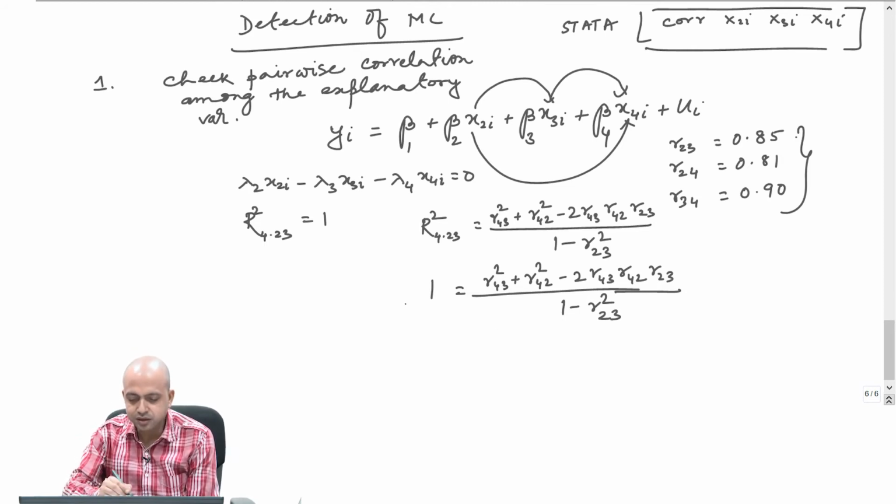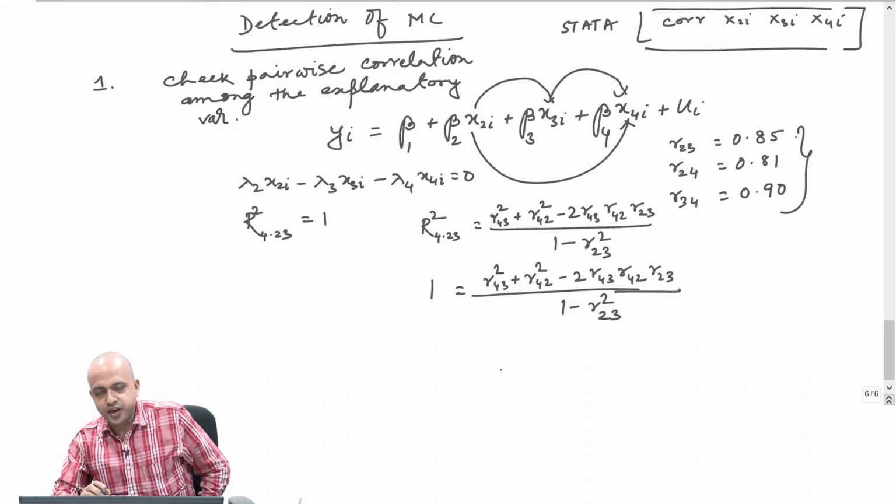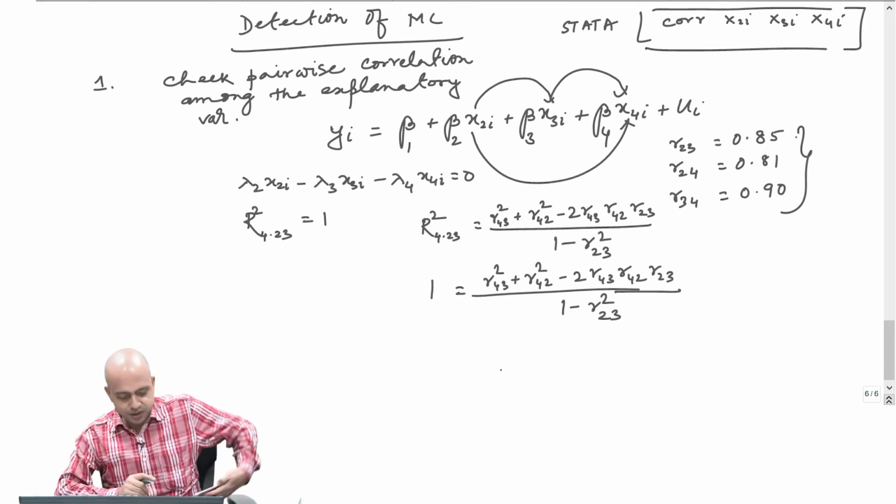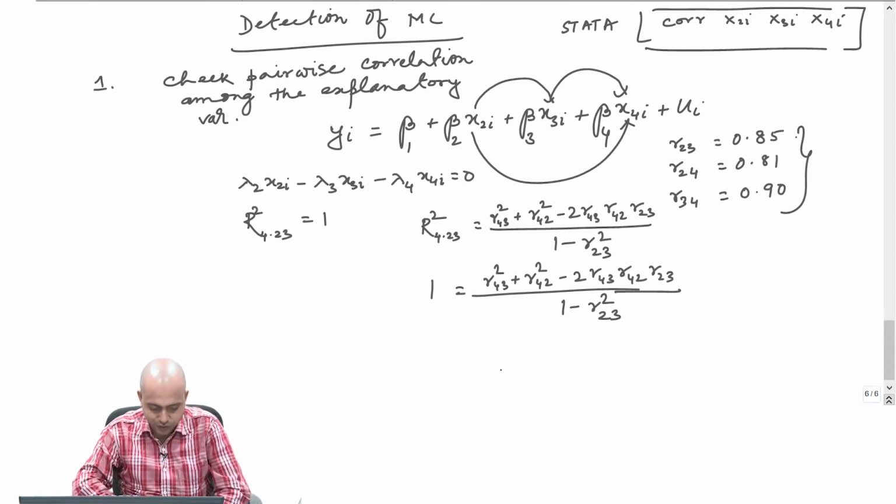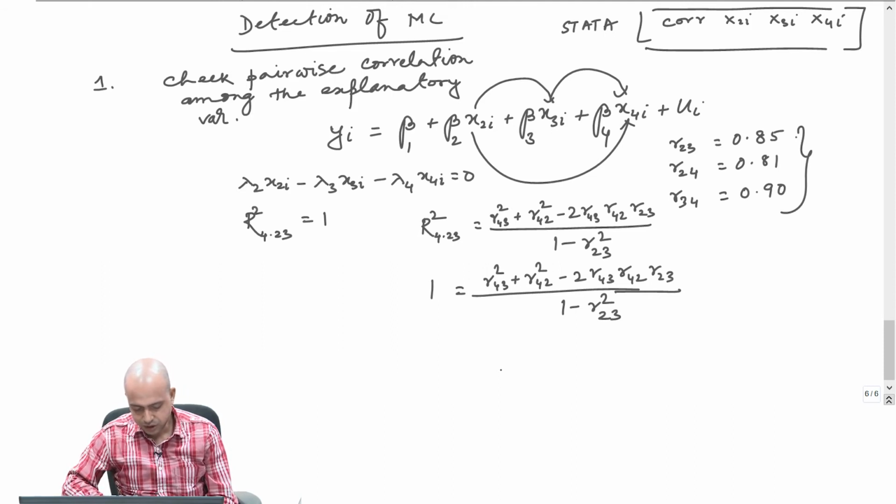Now, if this relation is to be satisfied, look at this relationship carefully: the left hand side is 1 and you need to have specific values for this.